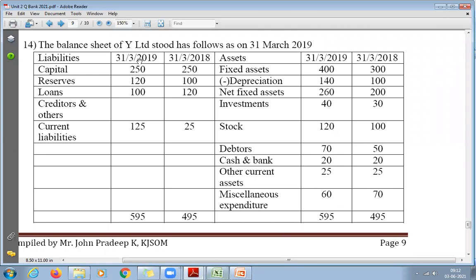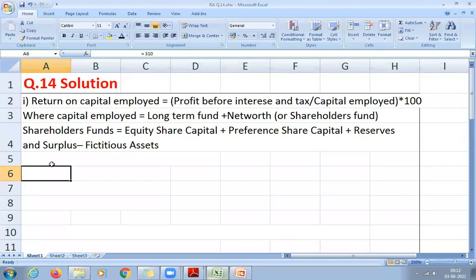Please remember 250 capital, reserves 120, then 60. So substitute now: 250 plus 120 minus 60. How much will you get? 310, sir. Yeah, 310. So we got the net worth.